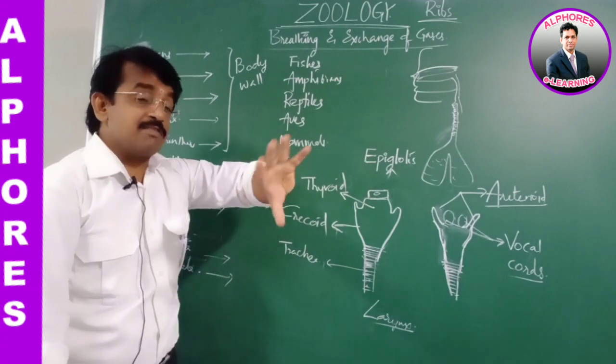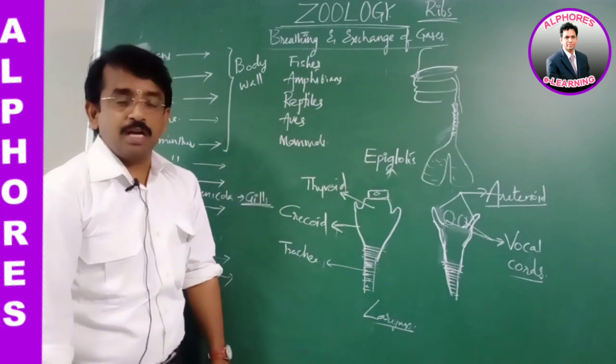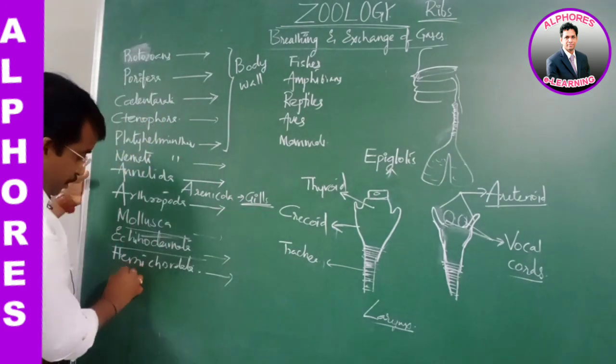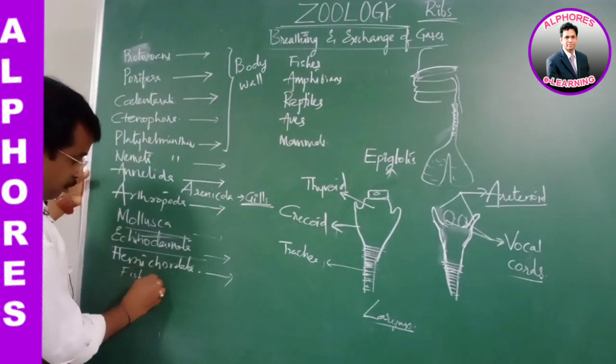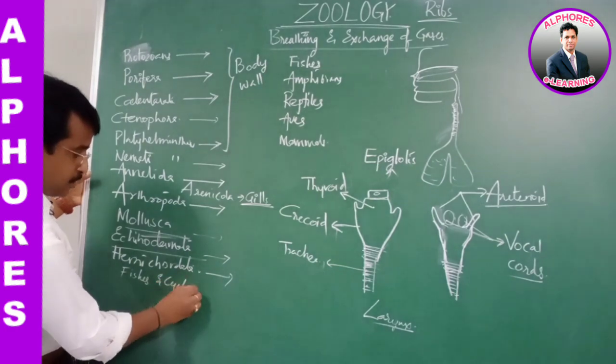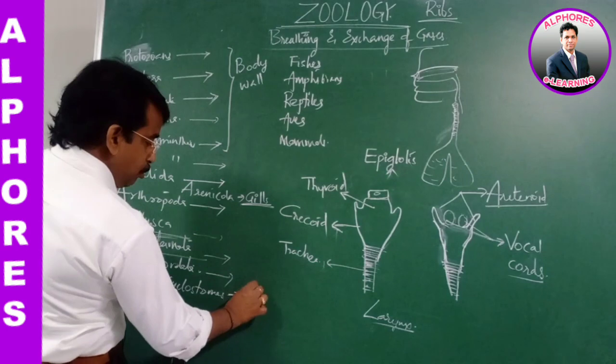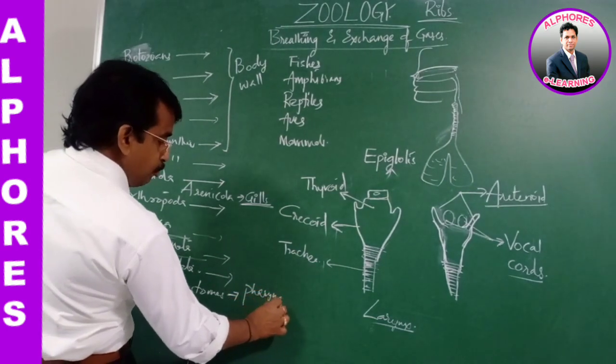And in the case of the chordates, we see cyclostomes and fishes are with the pharyngeal wall.